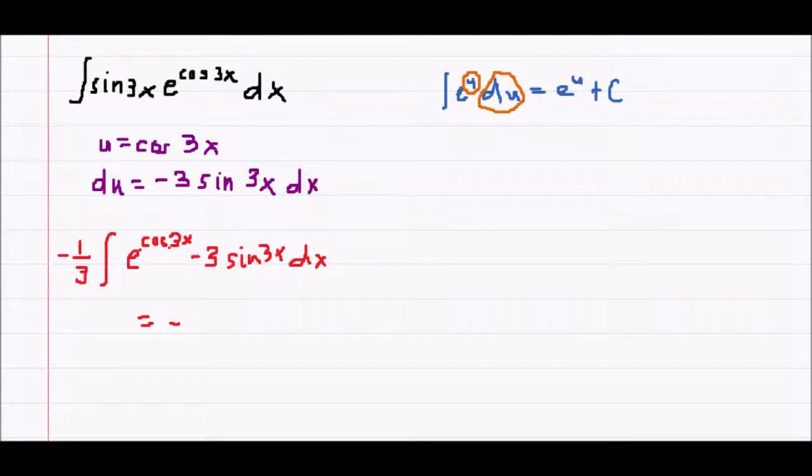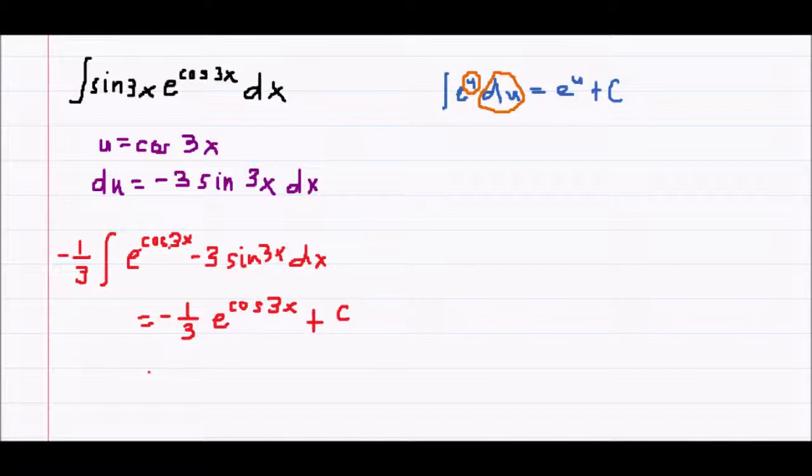Now, first let's write this negative 1/3. So negative 1/3 times e to the u, e to the cosine 3x, plus c.